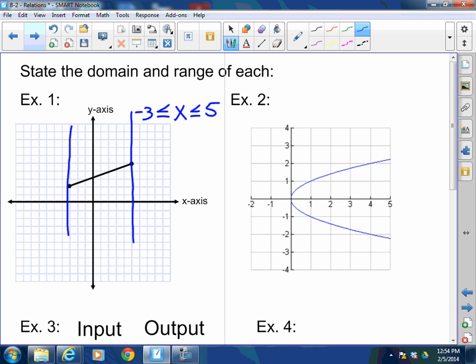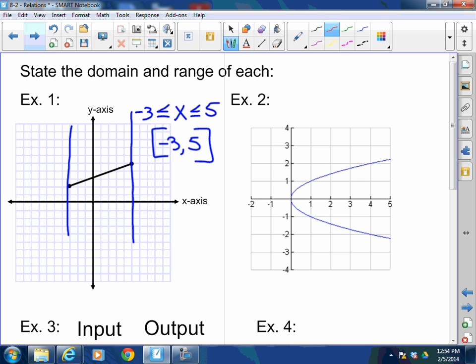How do I write that in interval notation, the way I really want it? Bracket, -3, 5, bracket. Beautiful. That's my domain. Does everyone see that? Domain goes from left to right. Yes, sir. X is greater than or equal to -3. You read from the variable. Thank you, sir.